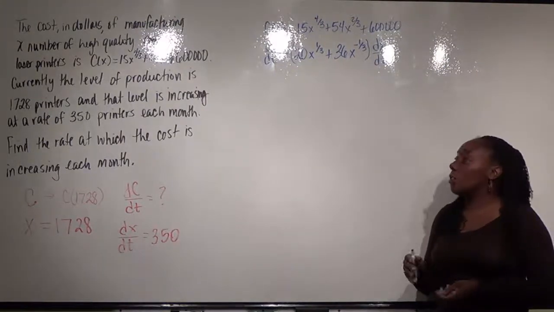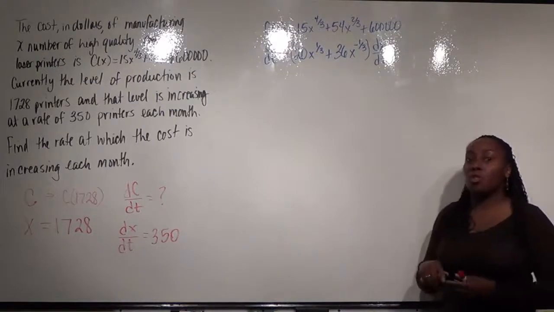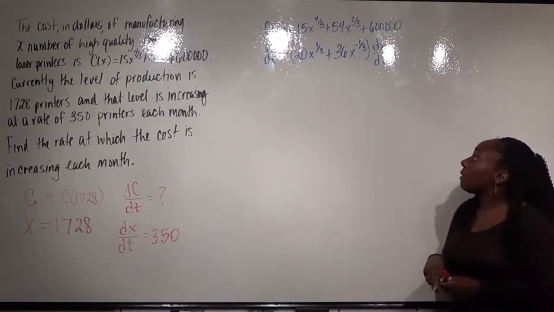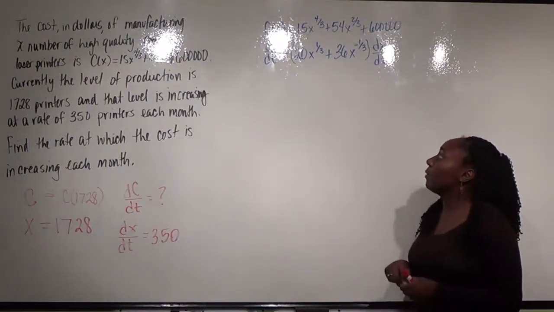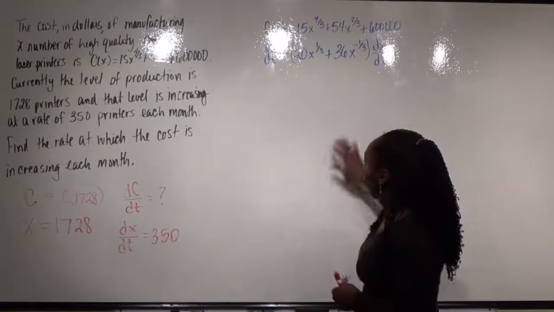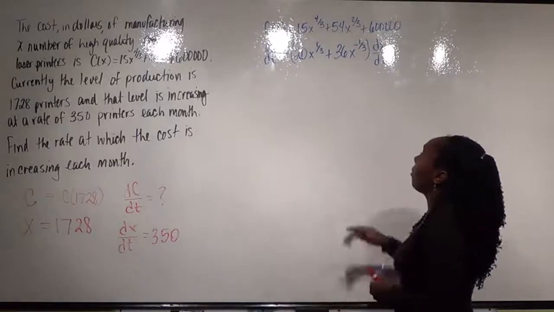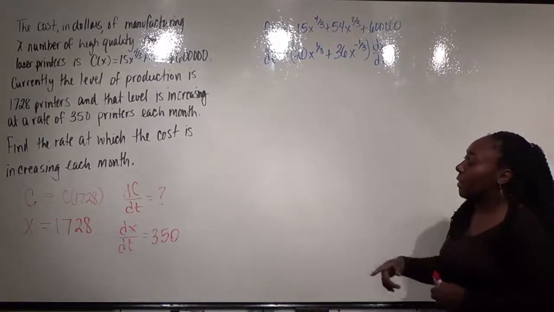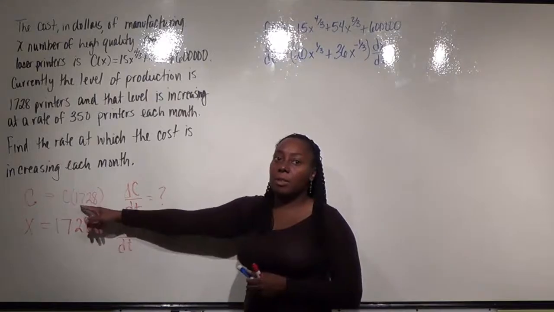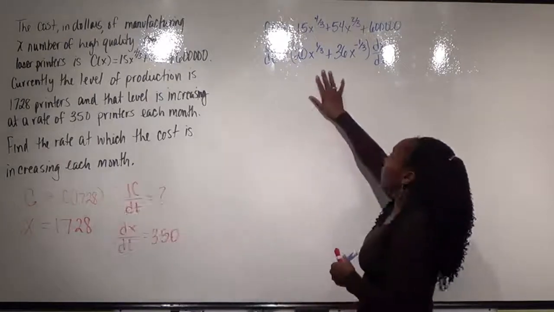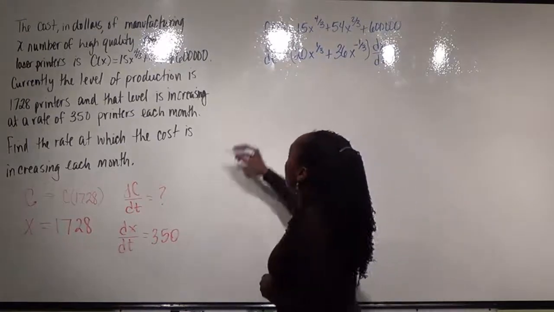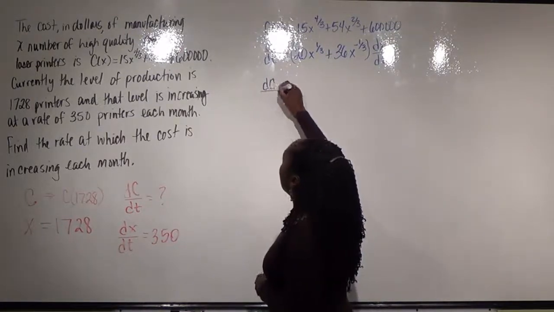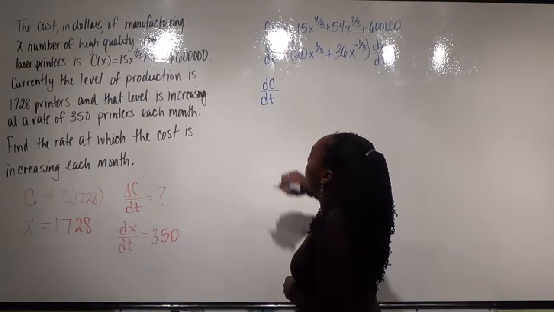If I have a function, one side I can just treat normally and then throw that rate derivative at the end. So now that I have this, notice in my equation I don't actually need C(1728). So I can just plug in the derivatives and the x values and solve. So dC/dt is what we're looking for. Nicely, that's on one side of the equation by itself.